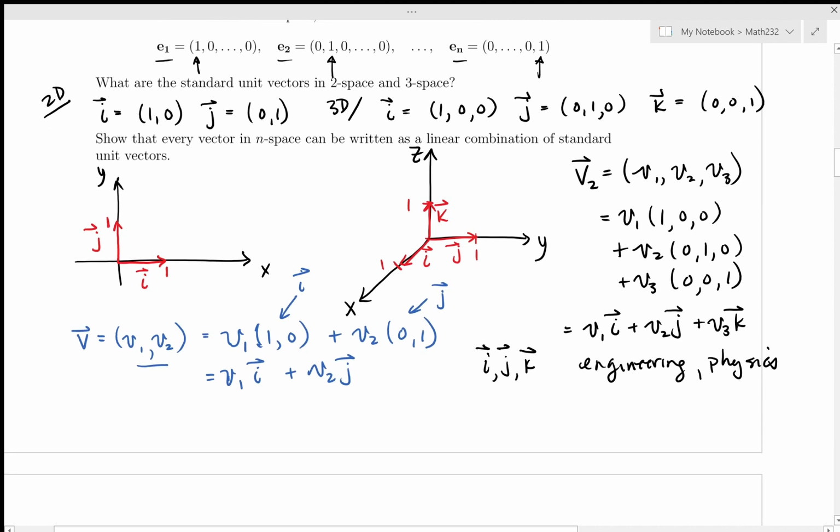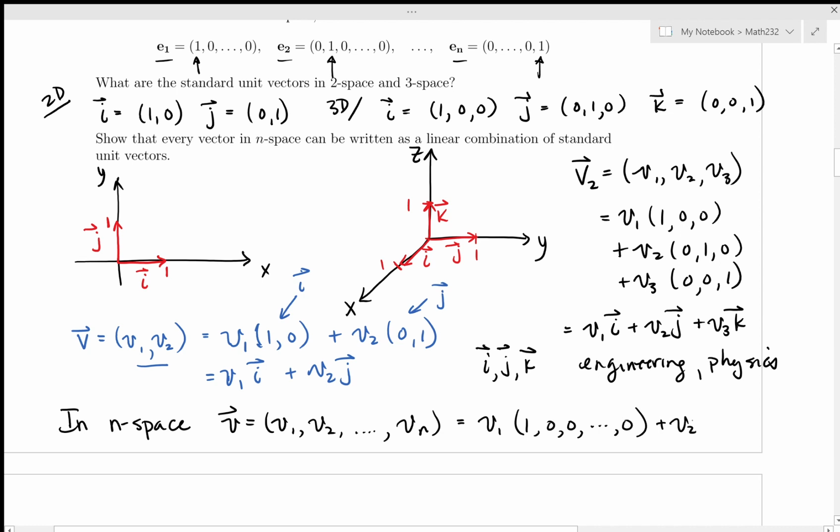Okay, in the general case, in n space, we have a vector which has n components. And we imagine writing it in the same exact way: v1 times (1, 0, 0, and however many zeros we need), and then v2, and that would capture that second component.